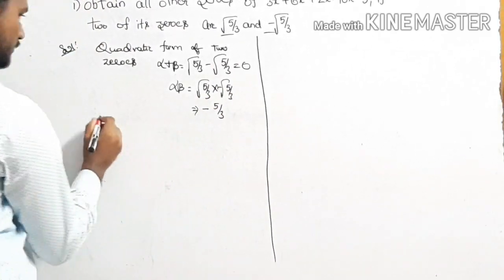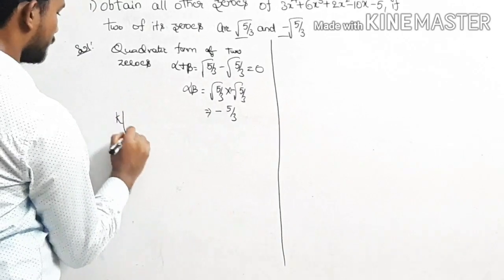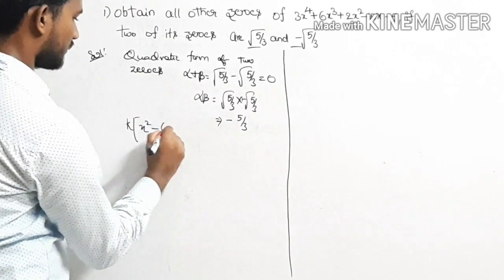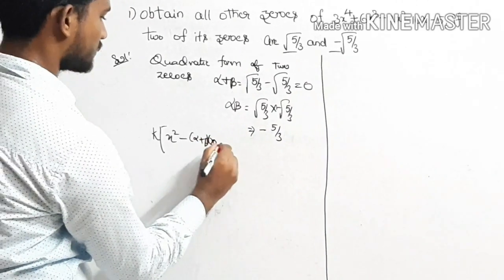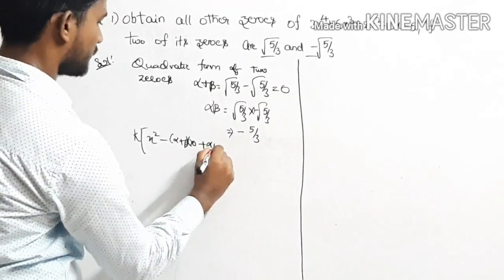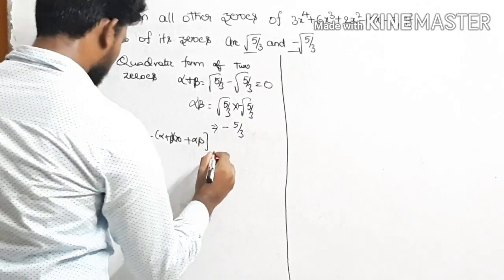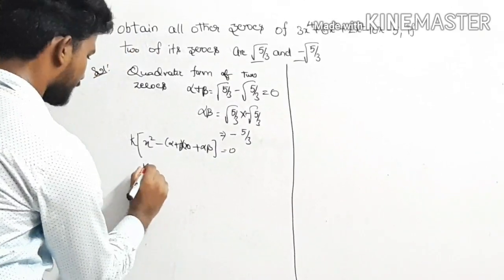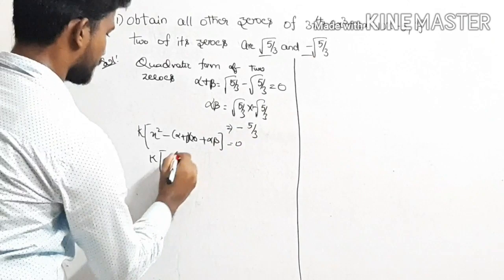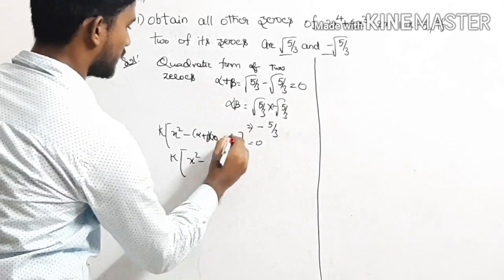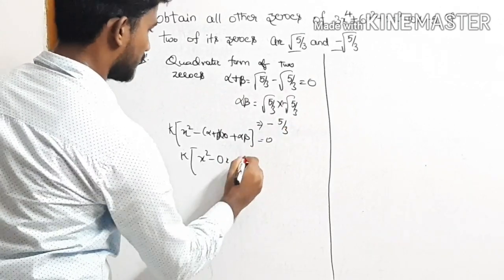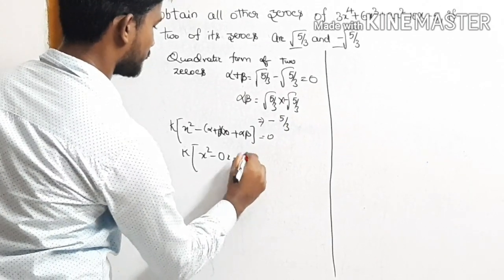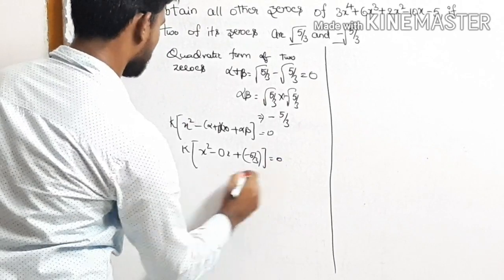For this, we know the formula k into x square minus alpha plus beta into x plus alpha beta. Then k into x square minus alpha plus beta, which is 0x, plus alpha beta, minus 5 by 3, equals 0.